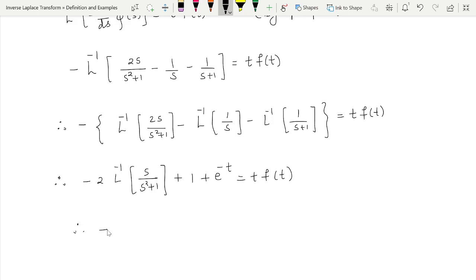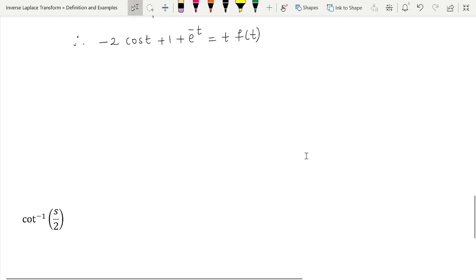And therefore minus 2. Now what is the inverse Laplace transform of s upon s square plus 1? You can see that 1 can be written as 1 square, so s square plus 1 square is there. It means it is trigonometric sine or cos, but in the numerator s is there, so it should be cos only. So actually it is cos t, and this is plus 1 plus e raised to minus t, which is equal to t multiplied by f of t.